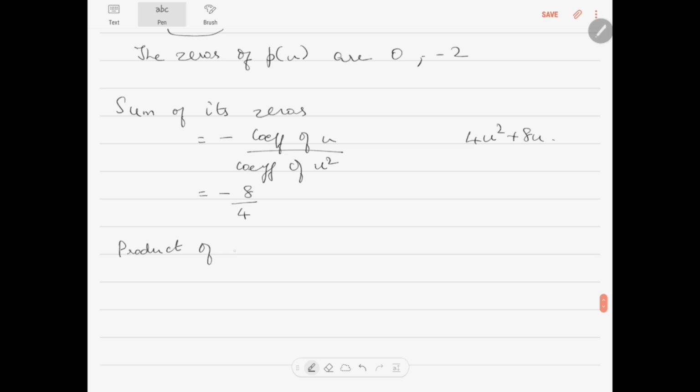To find the product of its zeros, which is equal to constant divided by coefficient of x square, constant here is 0, so 0 by 4, which is equal to 0.